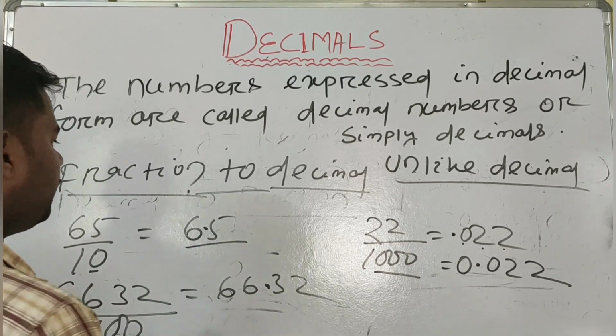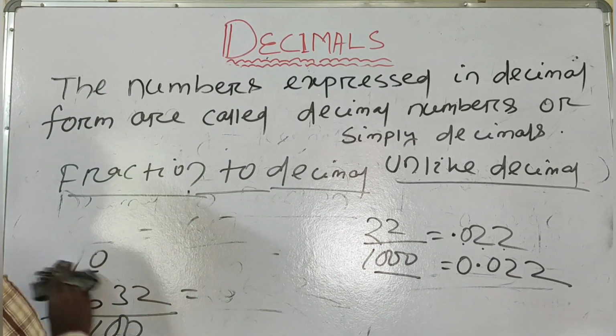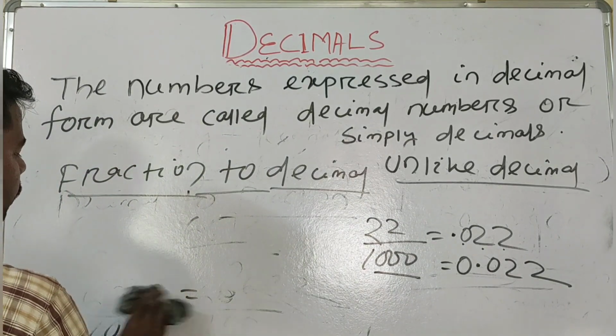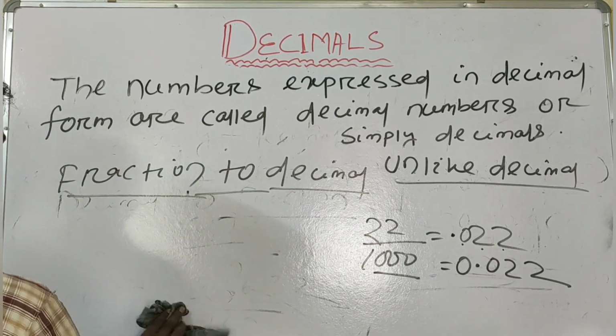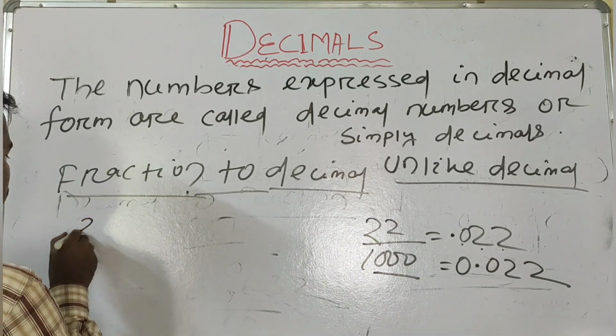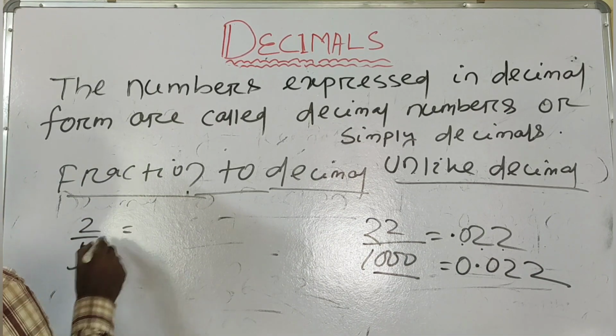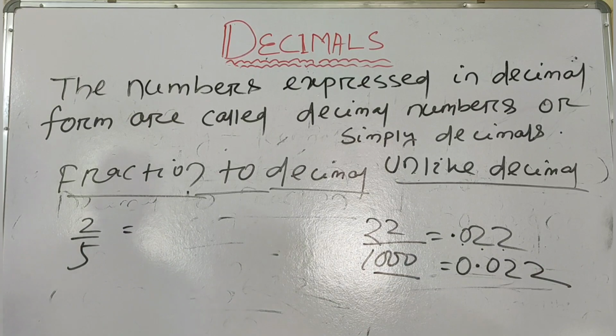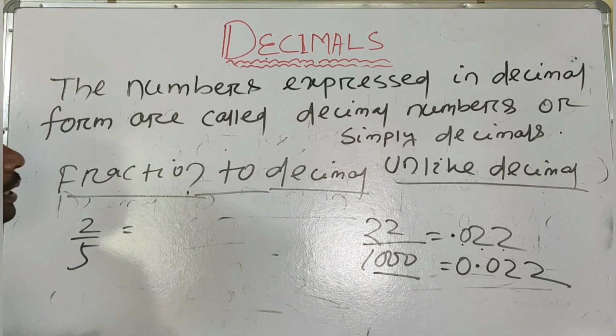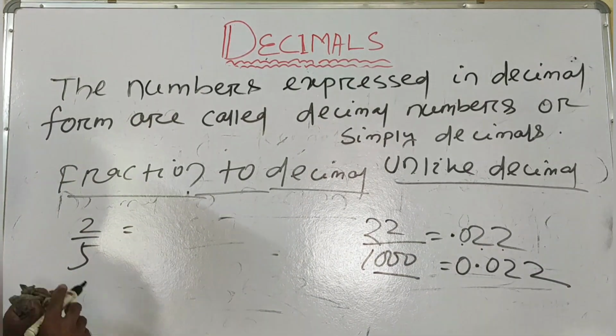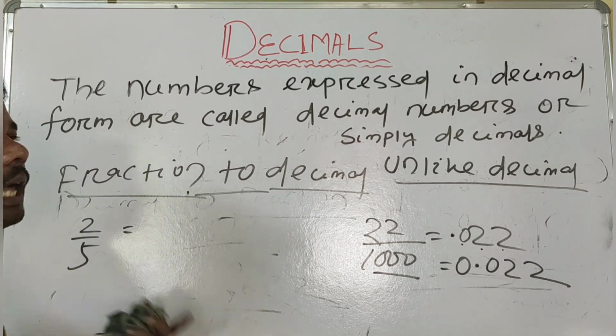So in this way we can convert fraction to decimal. Okay. If the denominator is not 10, 100 or 1000, then what will we do? Suppose 2 by 5. How will we convert this into decimal? We have to convert its denominator anyhow into 10, 100 or 1000.